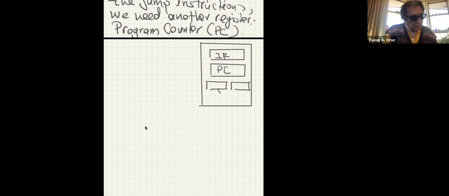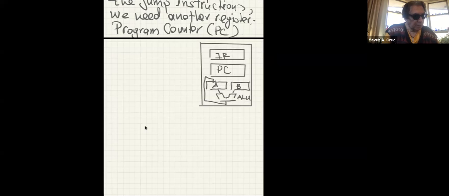Which then go into something called an ALU. This is called ALU. And this ALU actually brings itself back into A. This is A, and this is B.